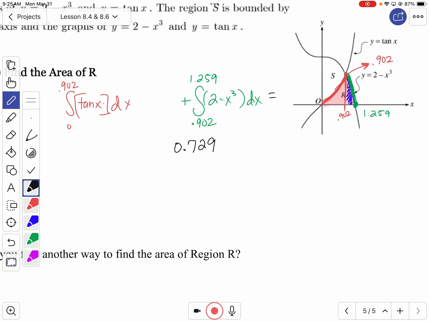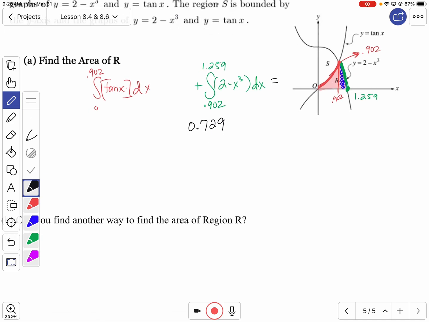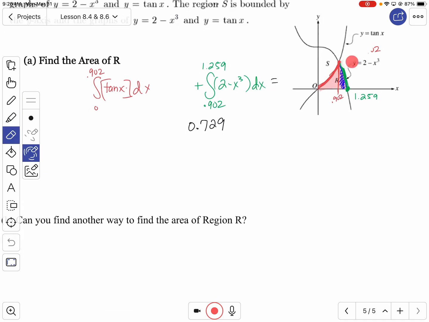Now, is there another way to do it? You know there is. I'm going to erase what I've colored over here for just a second. Let's see if we can come up with another way to do it.